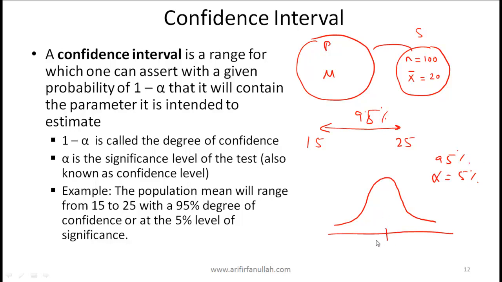What we are basically saying here is that if we cover 95% of the area, this mean will be 20, and we can say with 95% confidence that the mean will be between 15 and 25. So this is the concept of the confidence interval.